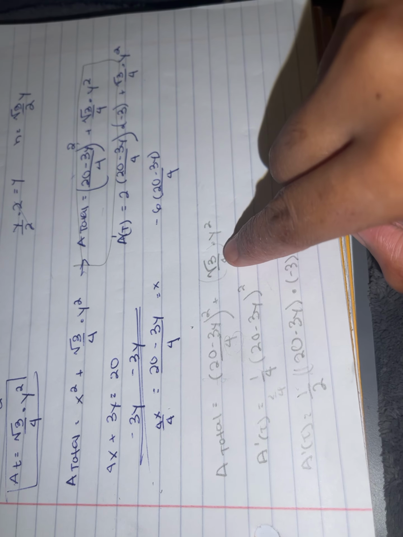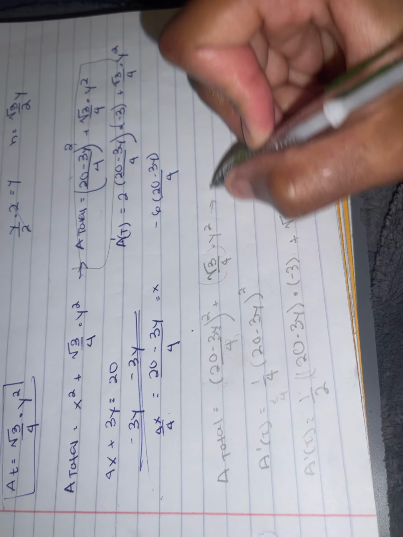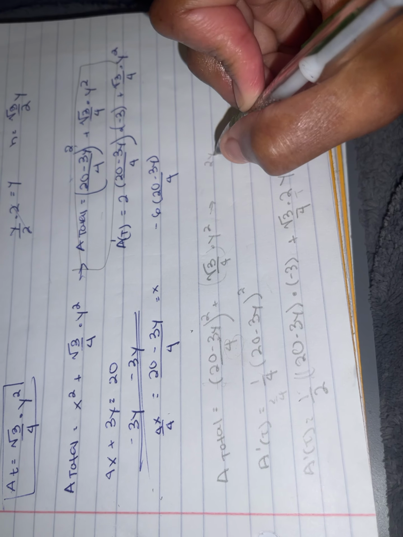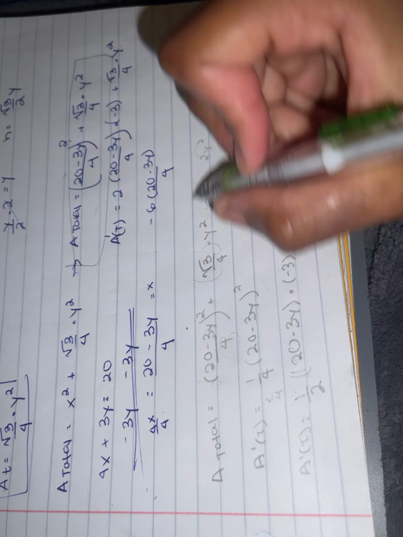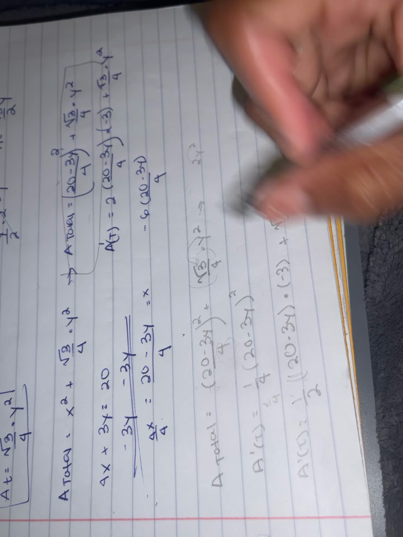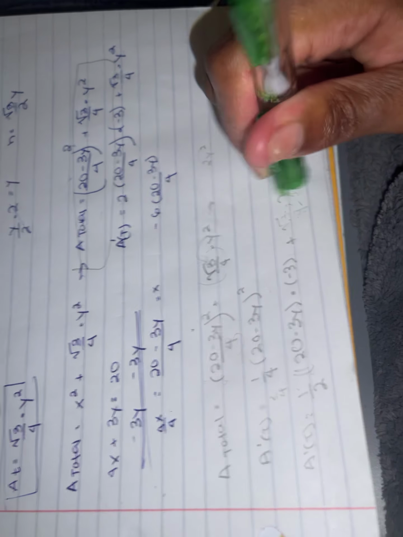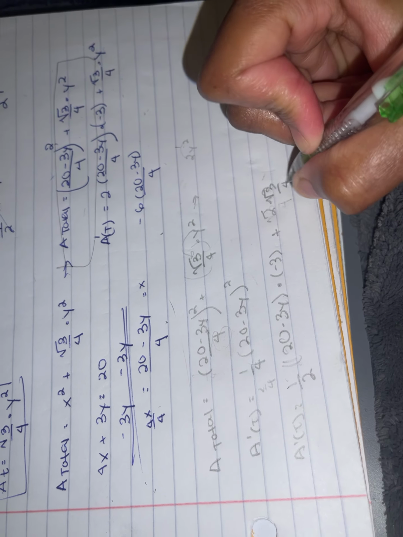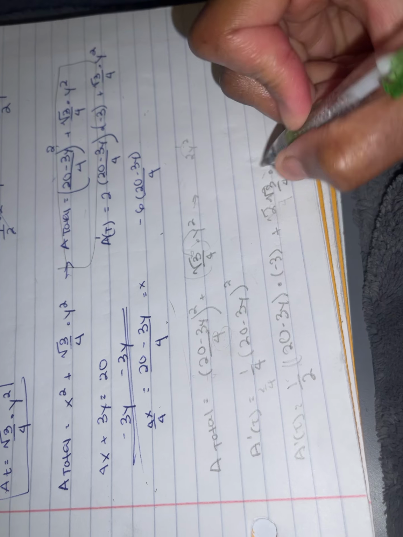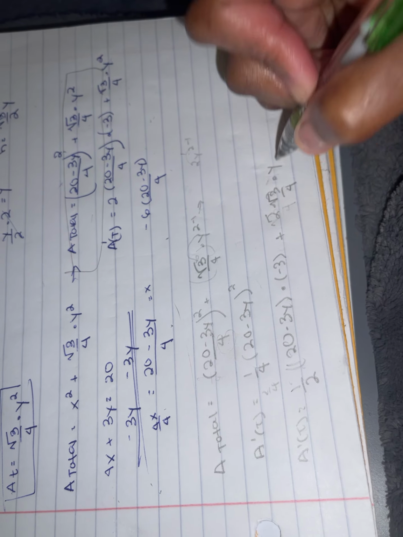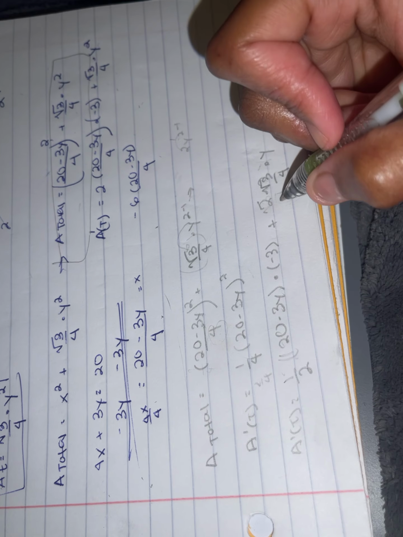Usually when I'm taking the derivative of this kind of problem, say it's 2y squared, I would just multiply this number by 2, which is what I'm doing here. Let me rewrite this: 2 times root 3 over 4 times y, since the exponent 2 minus 1 is 1. There we go.